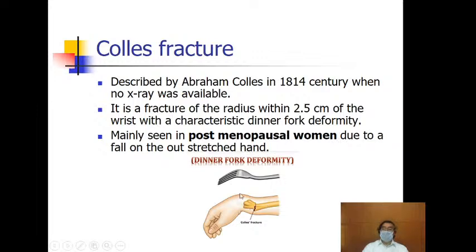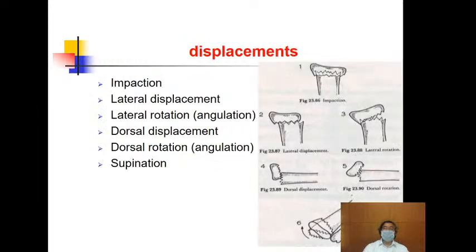And this is the dinner fork deformity we were talking about. So these things should be imprinted in your minds. Whenever somebody says Colles fracture, dinner fork deformity, postmenopausal women, and Smith's fracture, which is opposite to Colles fracture, and Barton fracture, all these things should flash in your mind.